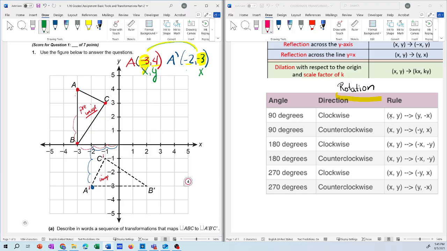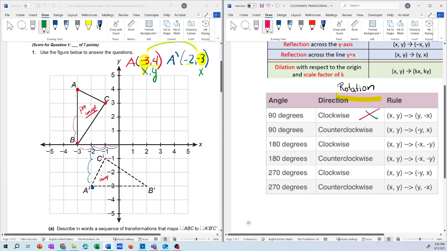So we need to have x and x. It cannot be this one because they didn't change the sign. You see -3 and -3, they have the same sign, so it cannot be clockwise. Counterclockwise, look at this one. You have x and x, they switched the order. So it is a 90-degree clockwise rotation.